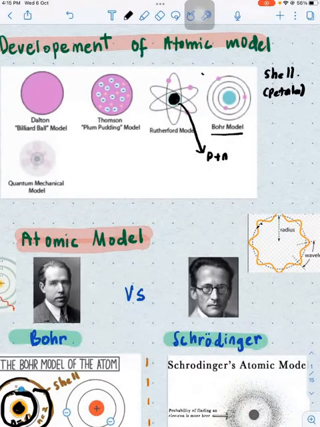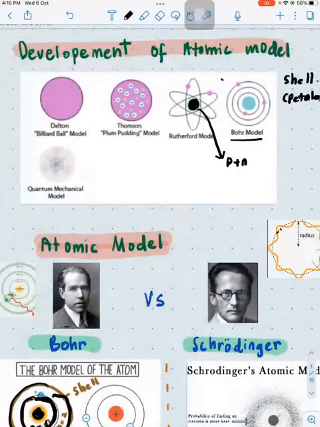So this is based on Bohr model. So just for us to compare, based on Bohr model pun dia ada a few limitation that cannot be explained. That's why this is the latest atomic model yang kita akan discuss dalam topik 5, which is it comes from quantum mechanical model.